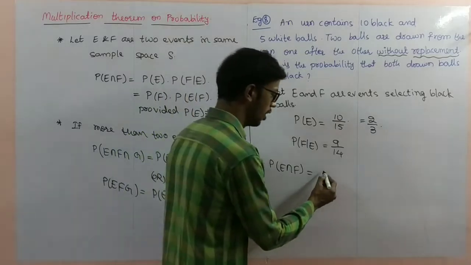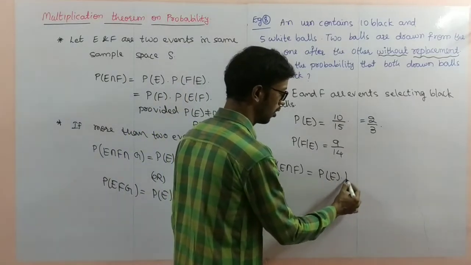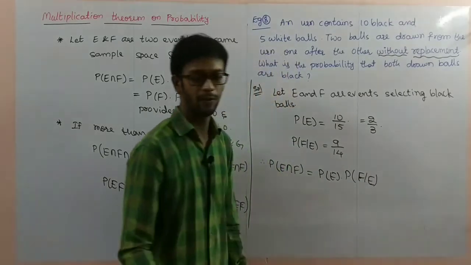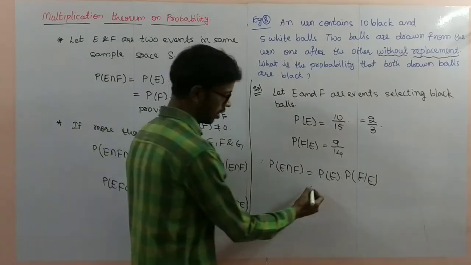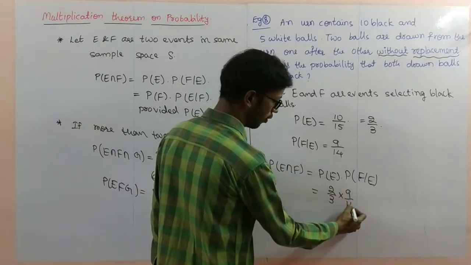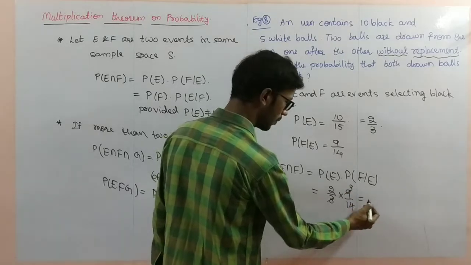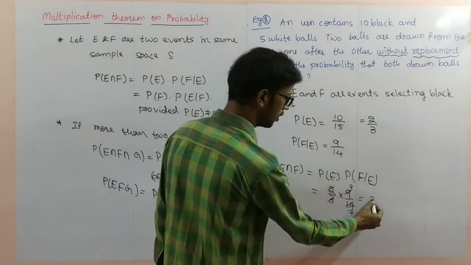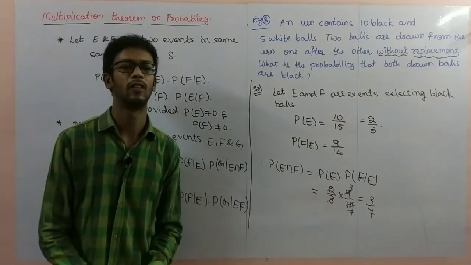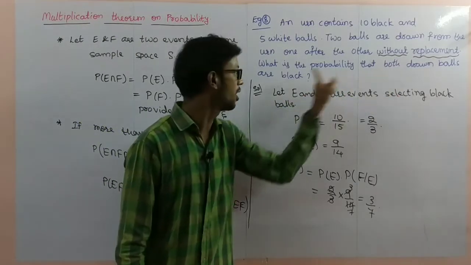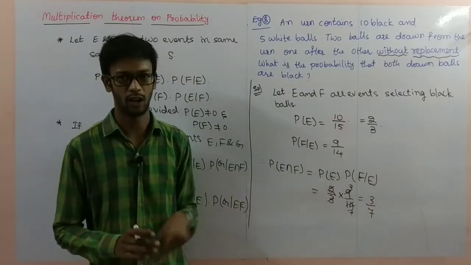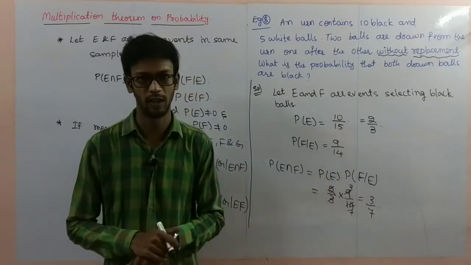So probability of E into probability of F by E. Substituting, 2 by 3 into 9 by 14: 3 threes are 9, 2 ones are 2, 7 twos are 14. So P of E intersection F is 3 by 7. That is the probability that both drawn balls are black without replacement. Without replacement, that is why we write 9 by 14. With replacement, you would have to write 10 by 15 again.